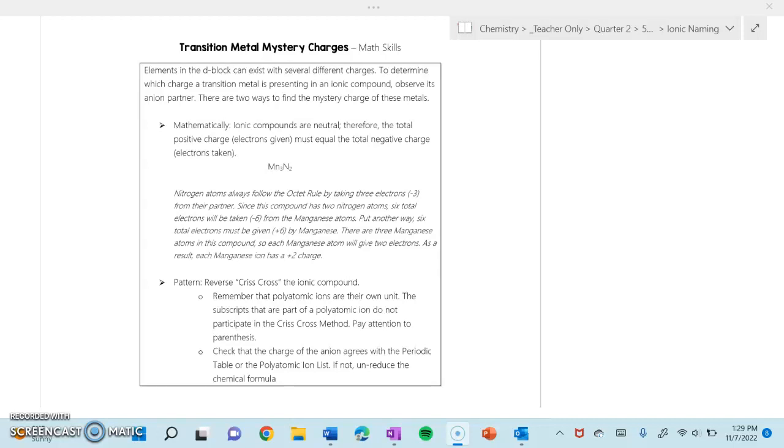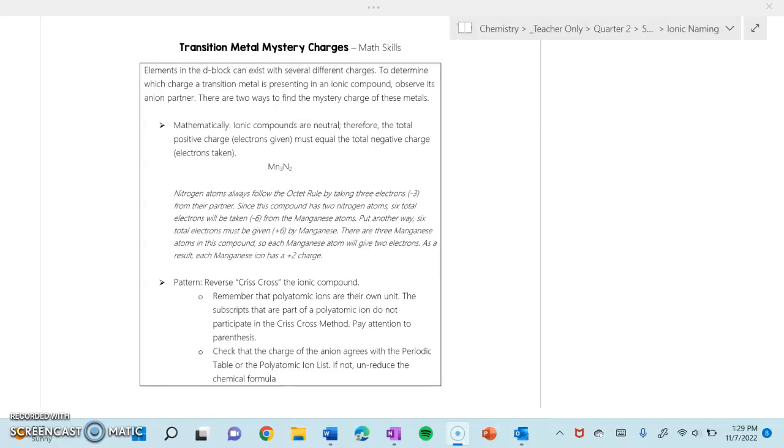If it does not, then you have to unreduce the chemical formula as well. So if you remember, doing the crisscross method, sometimes we have to reduce out a number. But if we do the reverse crisscross and get the charge, now it doesn't represent it correctly. So you'll have to take that extra step. So there's our pattern method.